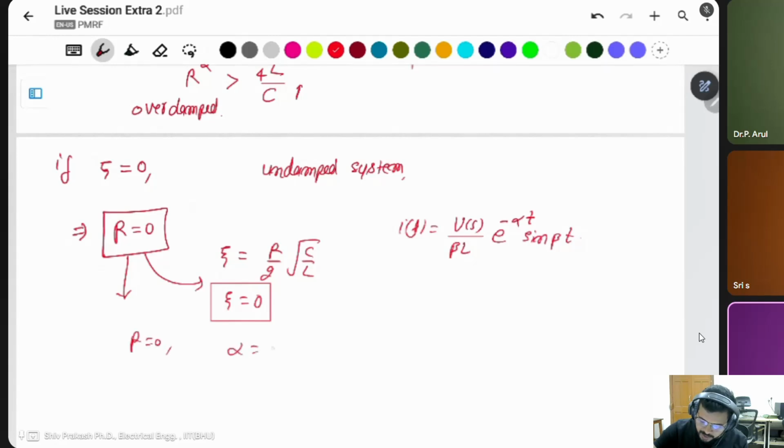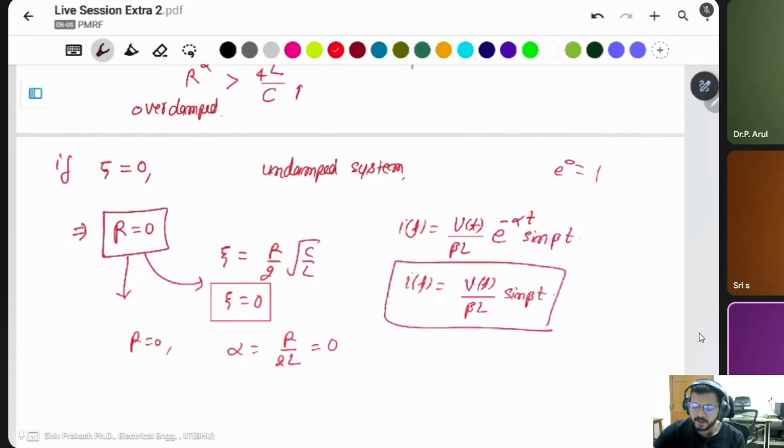We know alpha is R by 2L. R is equal to 0, it means alpha is equal to 0. If we put alpha as 0 here, then what happens? That Vs by beta L in the time domain, e to the power 0, something to the power 0 is 1. This will be only sine t. Only the sine term is present.